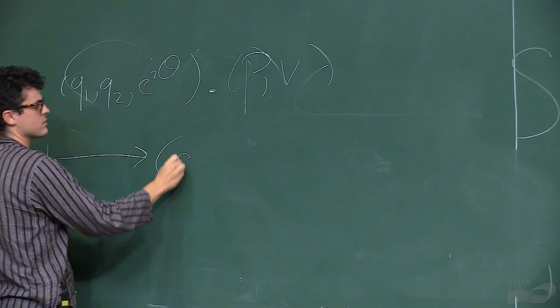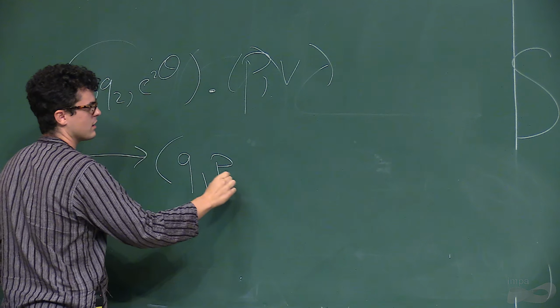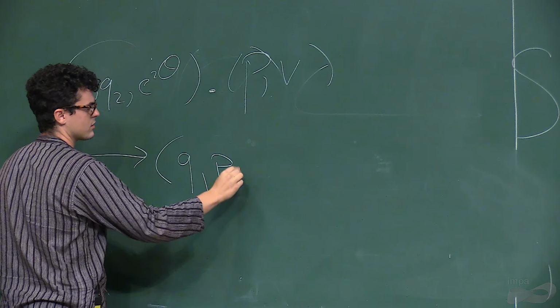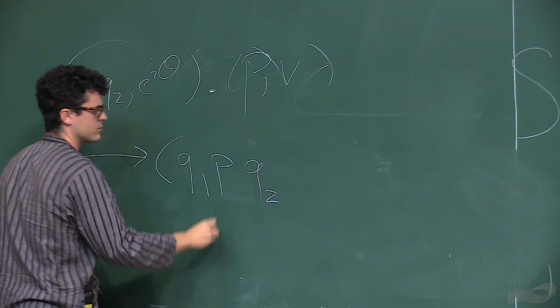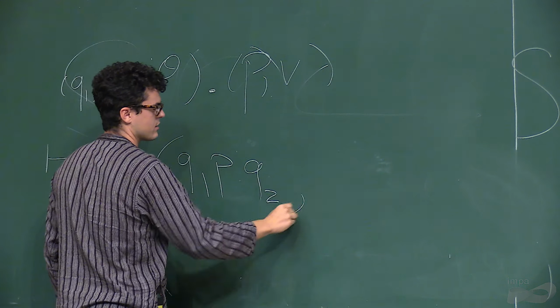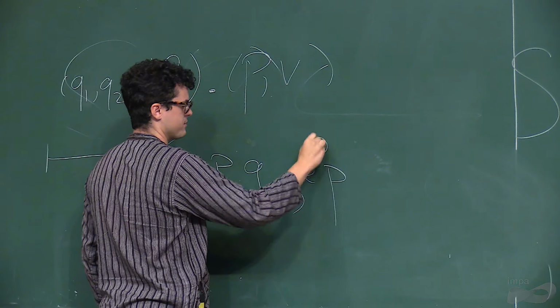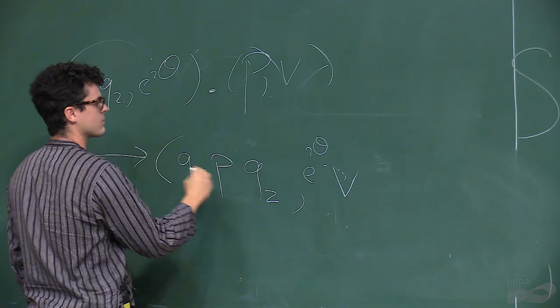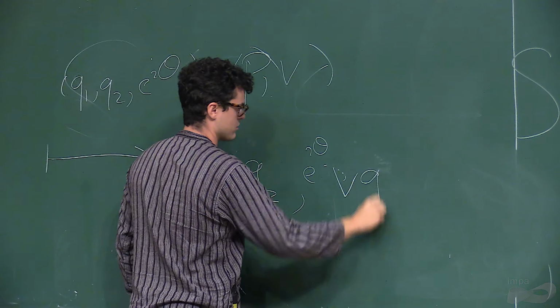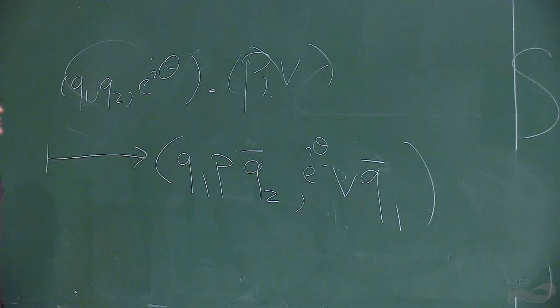And I send this to q1 p q2, and this is e to the i theta, and this is q1 bar.